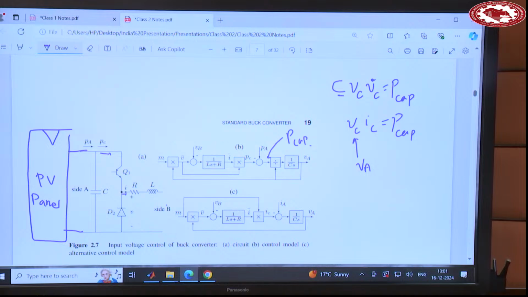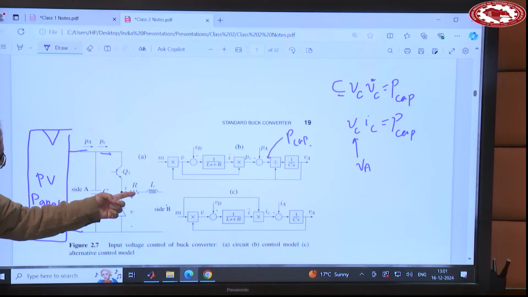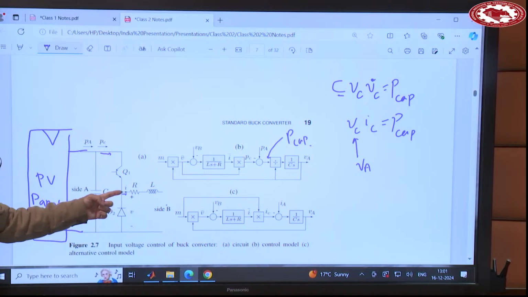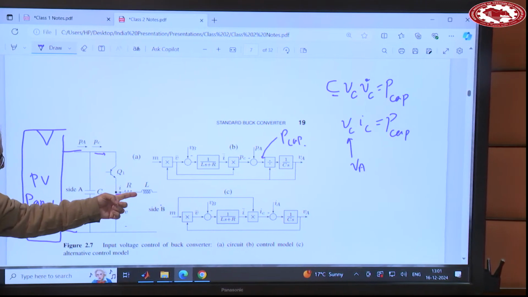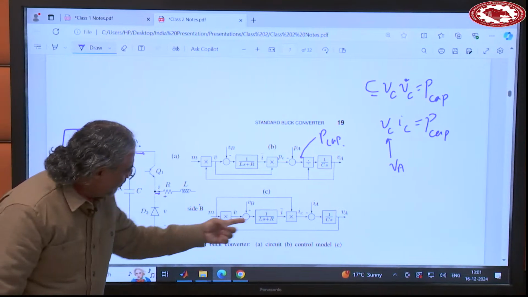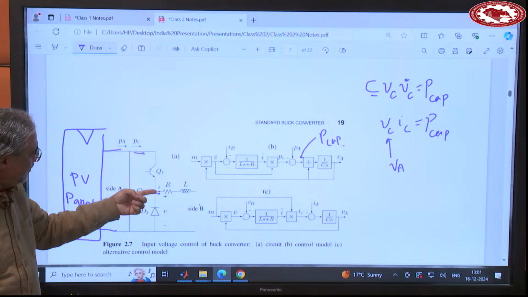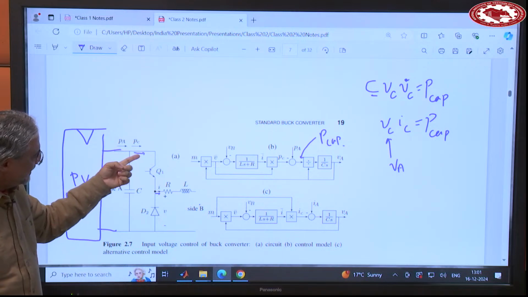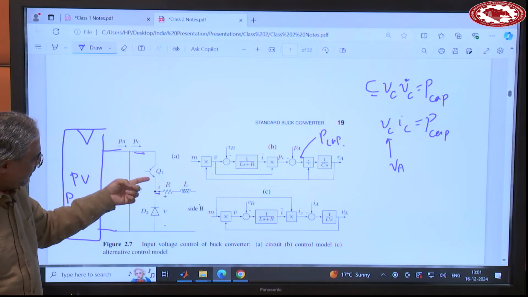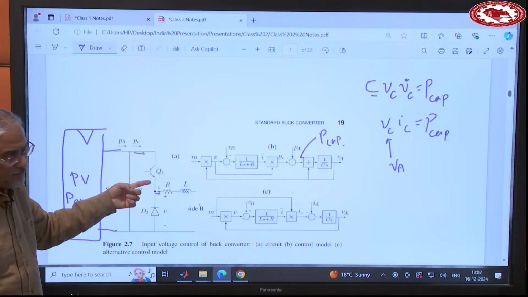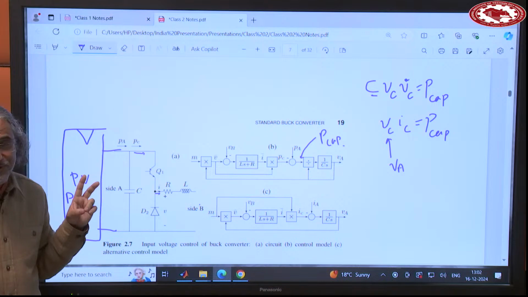For the current also you can derive this equation. So once you have I bar, that's the current flowing here, I bar multiplied into M is the current flowing here. Because when the switch is on, this current is coming from here. So M or D represents the switching function now.